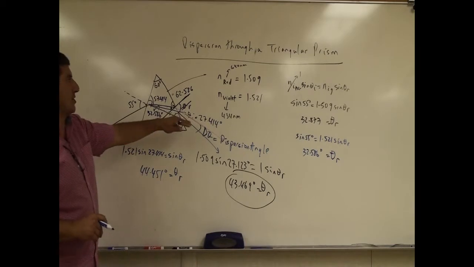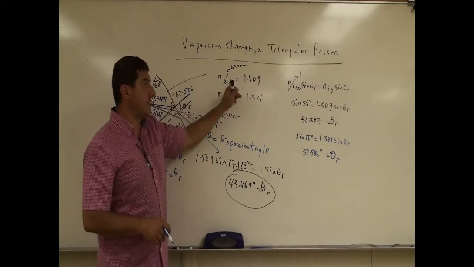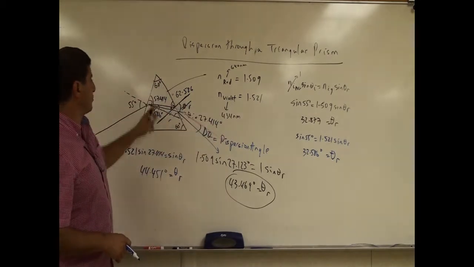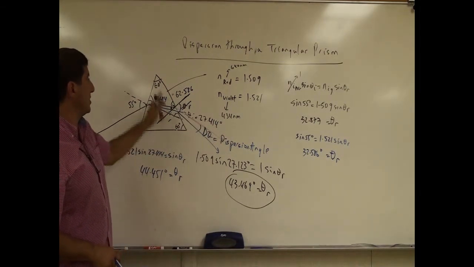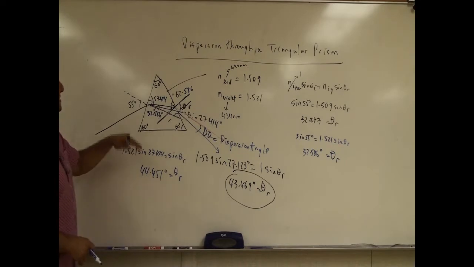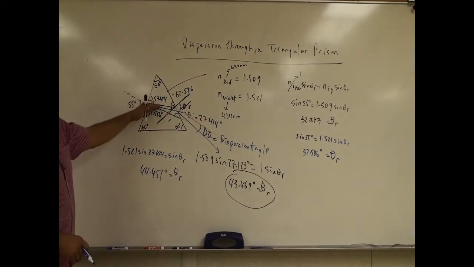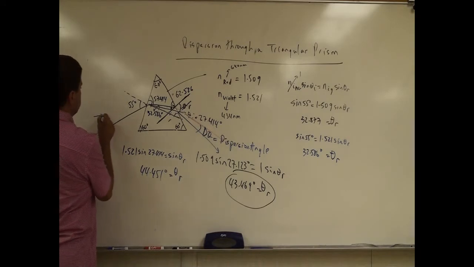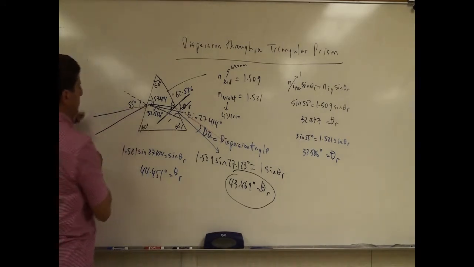So it depends, of course, on the index of refraction for red, for that material. The index of refraction of violet, it depends on the prism's angle, the 60 degrees, right? And it also depends on the initial angle that the beam of light was coming, right? If the initial angle of the beam of light was steeper like this, right?